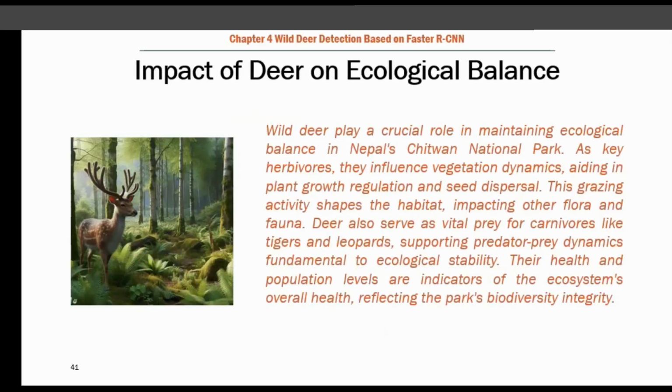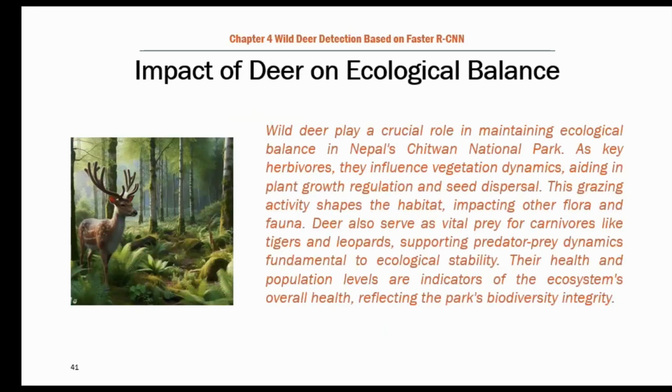In the following, I will introduce two practical animal monitoring applications. The first is we will monitor wild deer from the perspective of the ecological balance. Wild deer are the health indicator of an ecosystem.